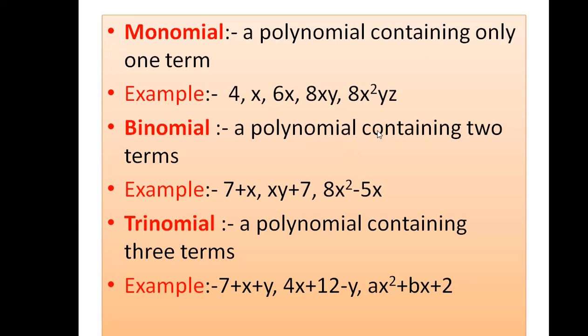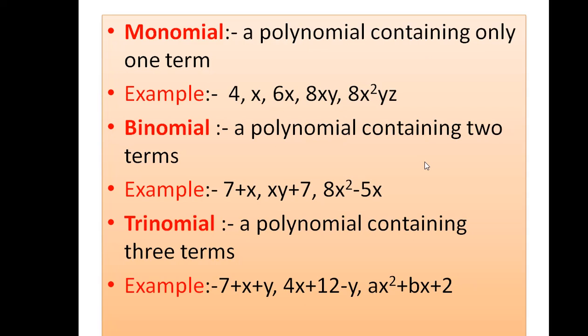Then xy plus 7. xy is one single term and 7 is another term. They are combined by plus, so it is a binomial. And the last example, 8x square minus 5x. Here also the same: 8x square is one term, 5x is one term, combined by a minus sign.